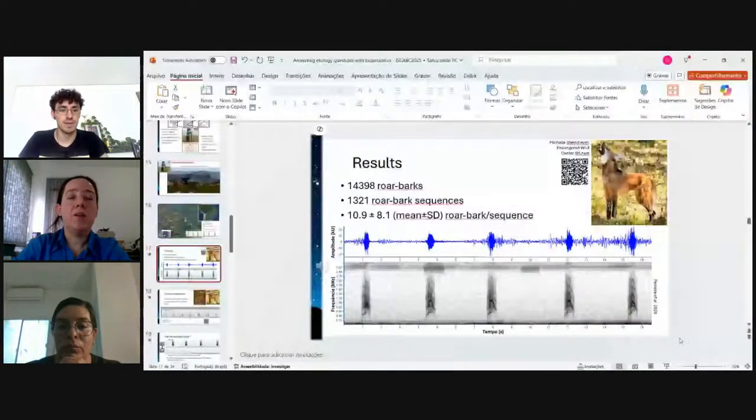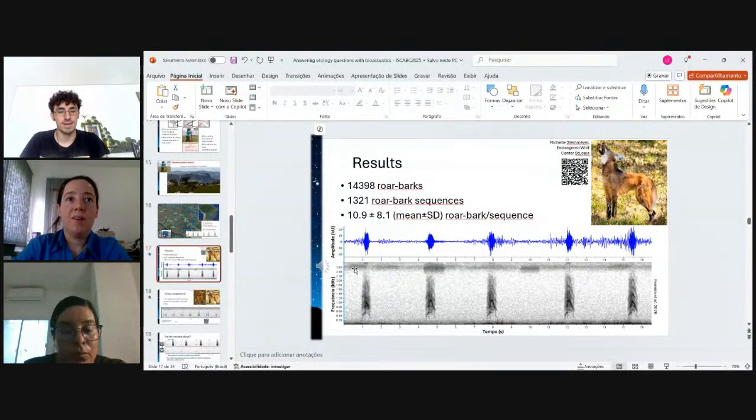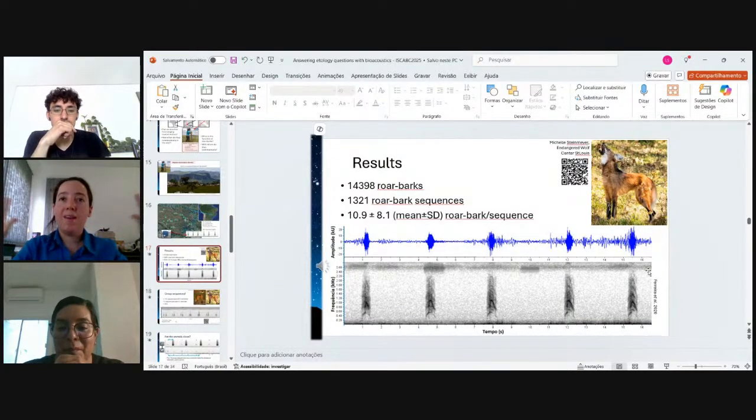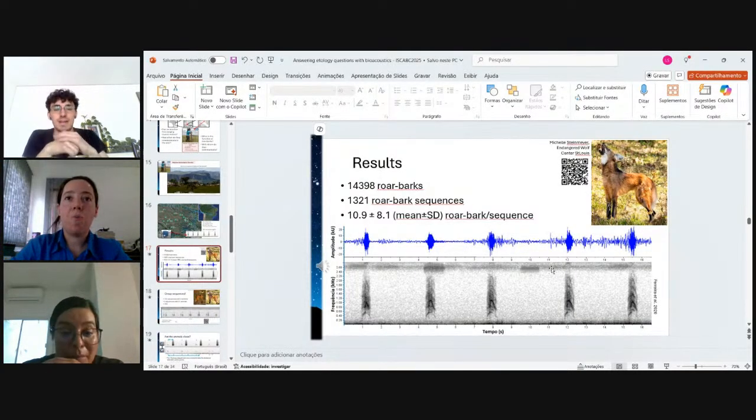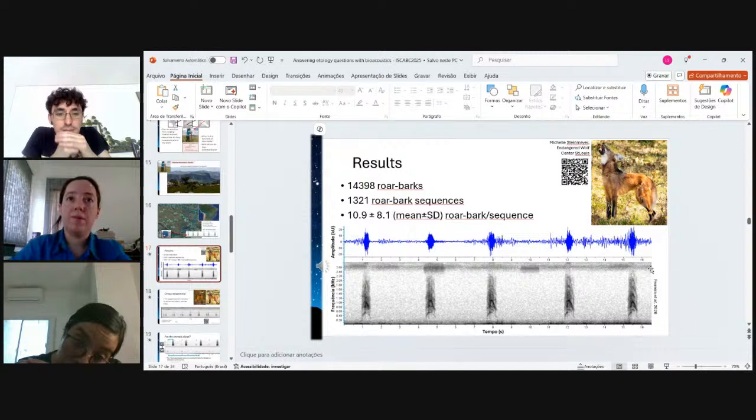Okay, so if you see the wild recordings here, you can notice that it has this band which is occupied by insects. Those are probably grasshoppers.